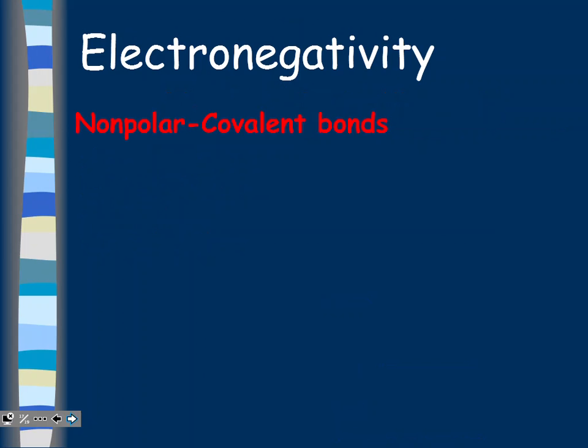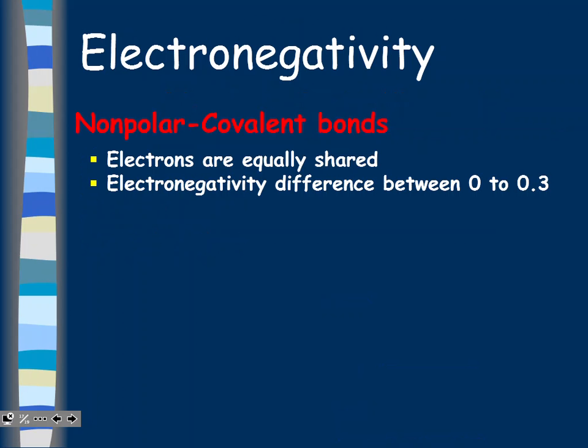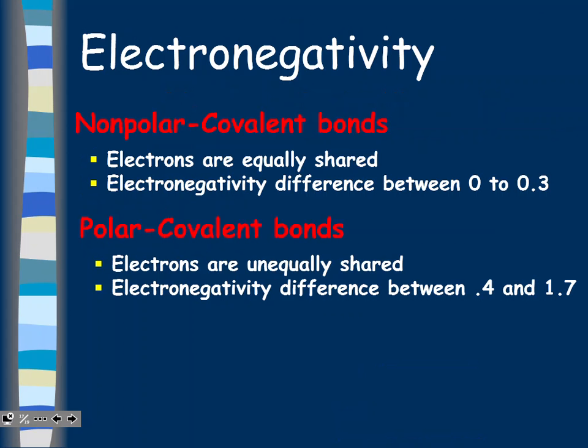So nonpolar covalent bonds are shared equally. Their difference is between 0 and 0.3. Some charts will say 0 to 0.4, but just go based off whatever range the charts give you. Polar covalent, the electronegativity differences are going to be between 0.4 and 1.6.